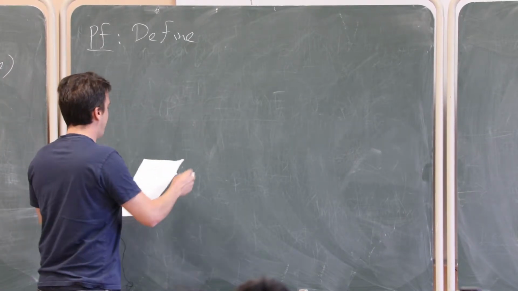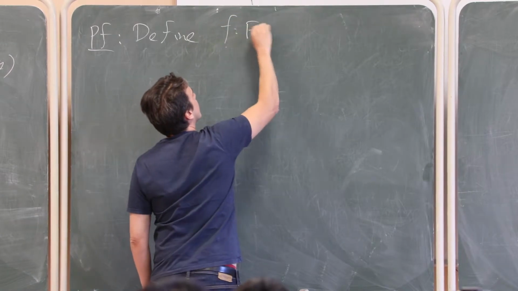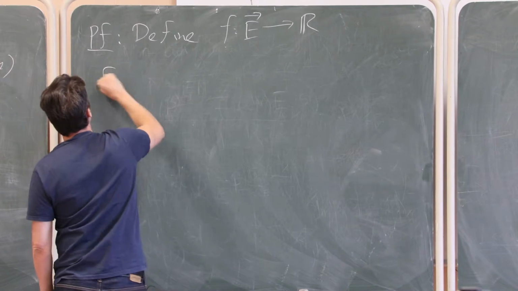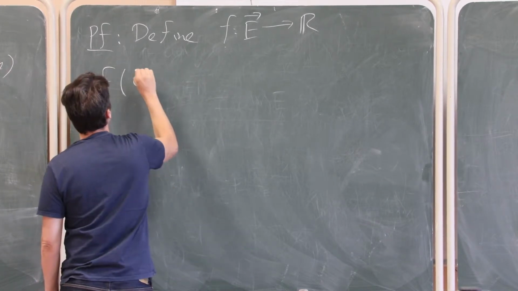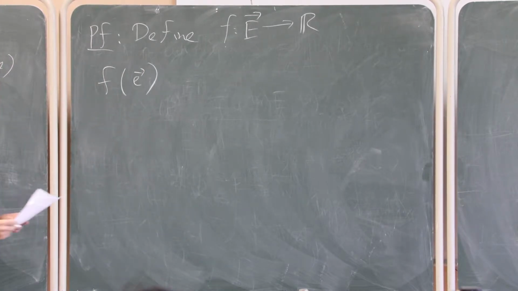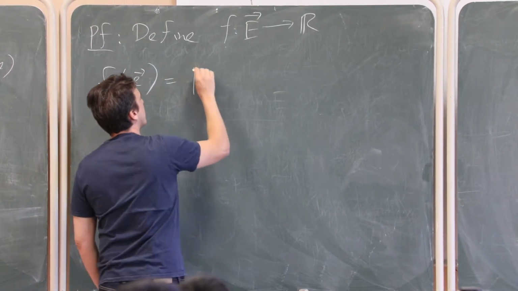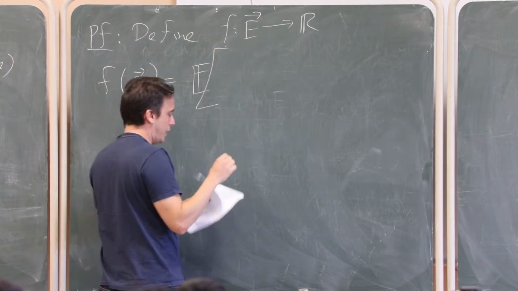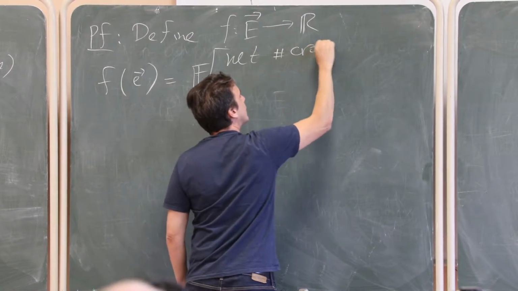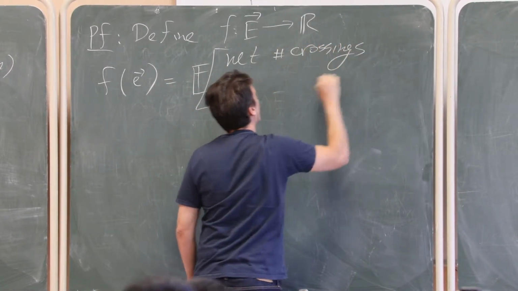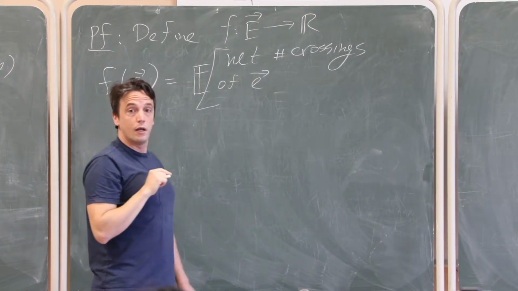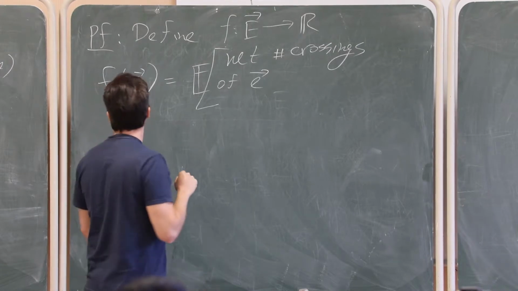So define f from the directed edges of the graph to R, and f of an edge e is going to be the expected net number of crossings of the edge in this direction in the unique path between.